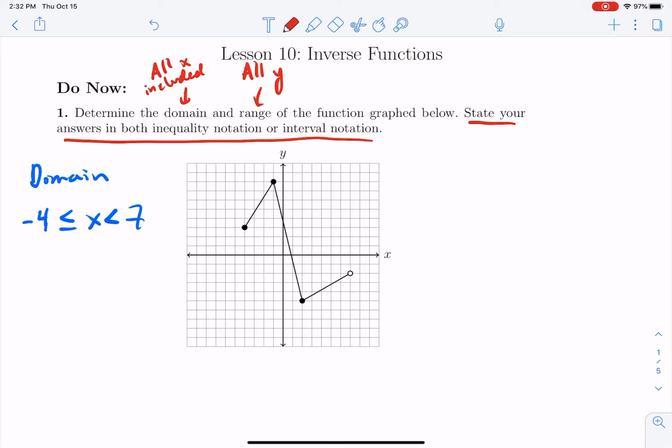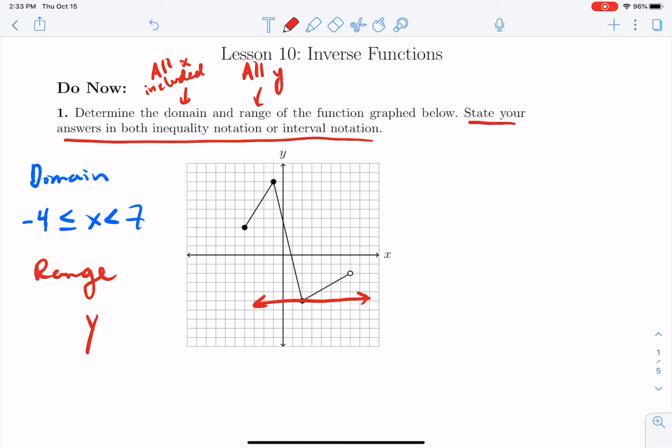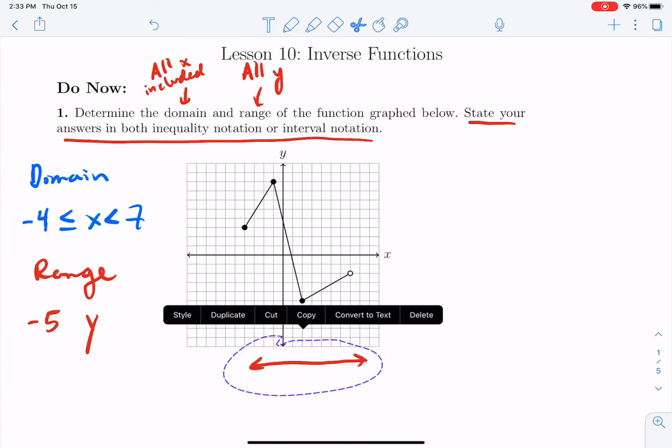Okay, for the range then, remember, range is the y values. The smallest y value occurs at the lowest y point, the minimum point of that function, which is here, and that's at -5. One thing we want to ask ourselves is whether that circle is filled in.